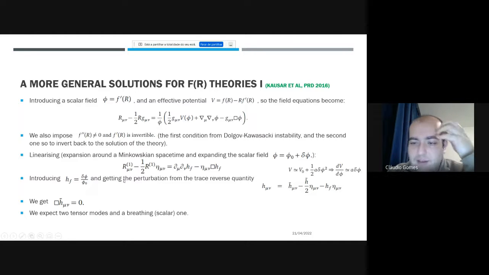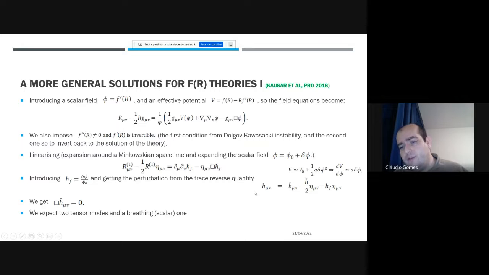Remember that in general relativity we use the trace reverse quantity of h, right? I'm not saying that this is the trace reverse, rather this is the inversion of the trace reverse, so that we get the solution for the metric field. So the solutions for the metric field are the trace reverse quantities like this. These would be the regular terms from general relativity, but as we have seen from here, we have a further mode, a scalar mode actually. It will be a breathing scalar mode.